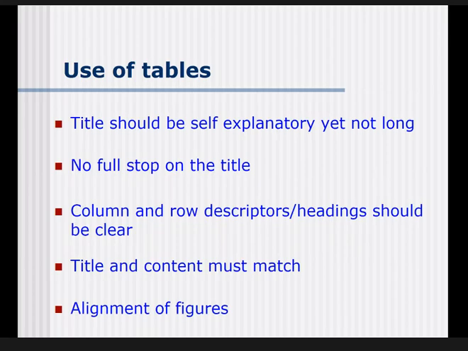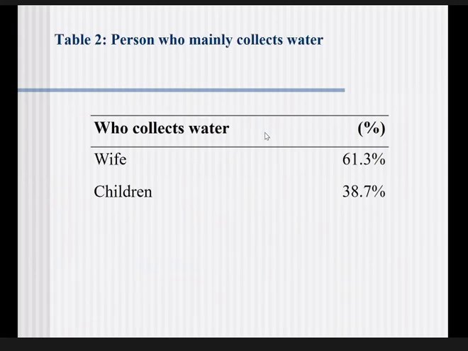So the column and row descriptors or headings should be very clear. Yes, I had already mentioned that the title and the content must match. Avoid any mismatch in that. Then in entering the figures in the table, they should be aligned. We'll show an example.